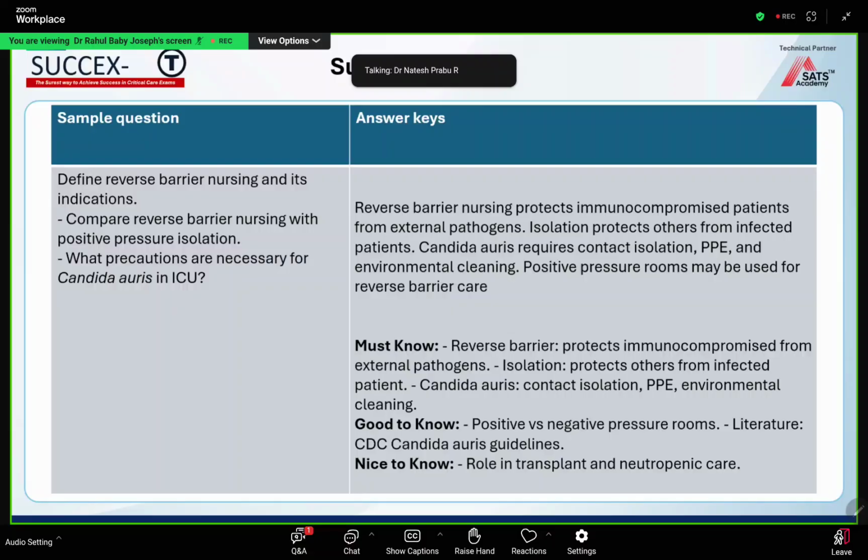How will you define outbreaks, and how will you step by step manage outbreaks? That also is quite a common question. All revolve around the same concept of isolation, identification, and quick control measures, and repeated follow-up. This should be the key message you should have.